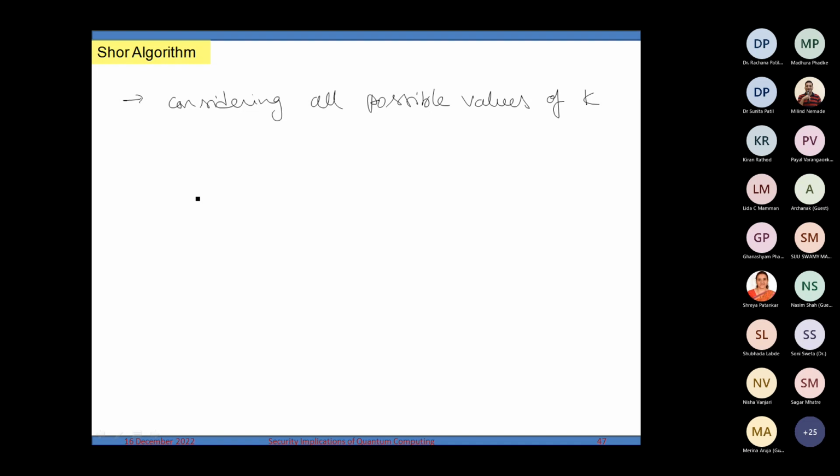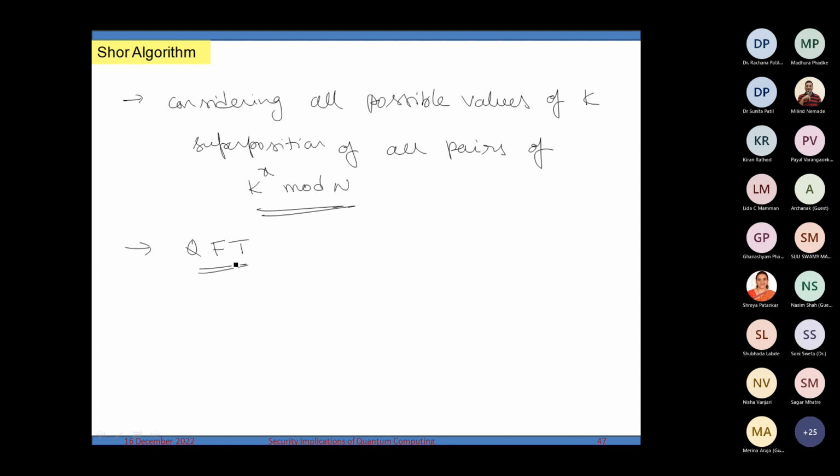So a superposition of all pairs of your k power x mod n are represented in the form of a superposition, and then subsequently a quantum Fourier transform is applied over these superposition values to derive the value r. So this is how the Shor algorithm is calculating the period r, and from the period it is calculating the factors.